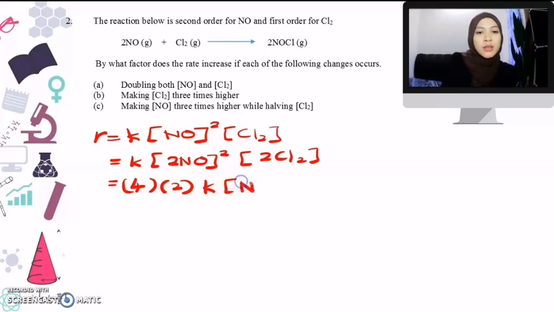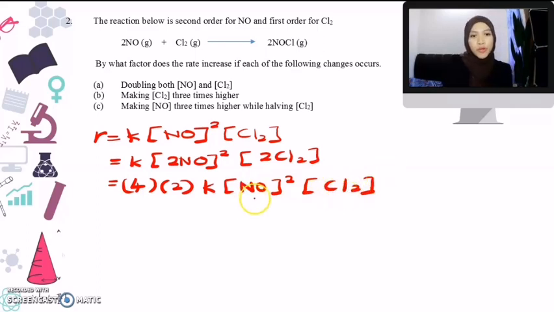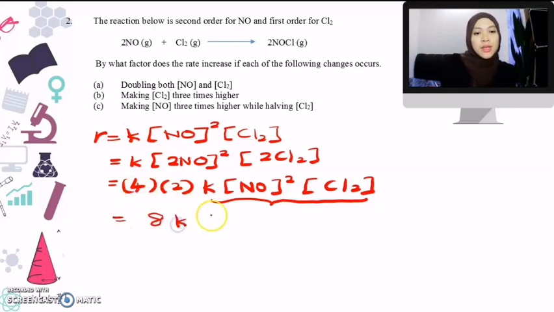K NO squared Cl2 to the power of 1. So this is our rate law, same as I wrote it at first. And 4 times 2, we get 8 K NO squared Cl2 to the power of 1.